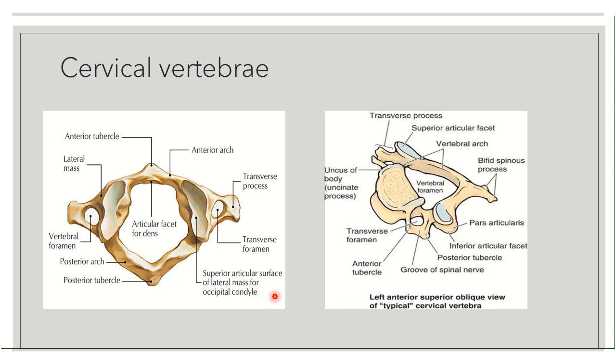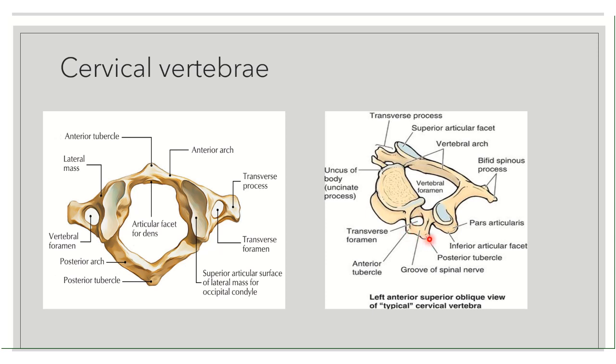Then on the other hand you can see that on the typical vertebra we have this body of the vertebra, and these are the vertebral arches. You can see this is the transverse process of the typical cervical vertebra, which has this foramen transversarium, and this transverse process has this anterior tubercle and posterior tubercle.